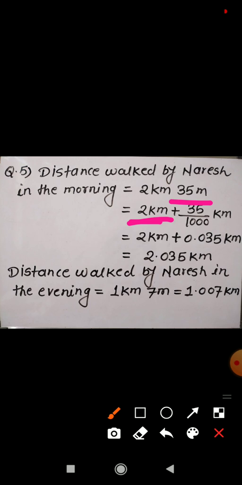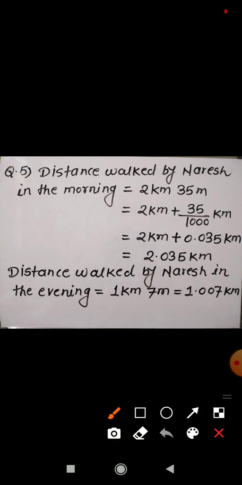And how will you express 35 meter as a kilometer? You need to divide it by 1000, right? So it will be 35 by 1000 kilometer. And 35 by 1000 means 0.035 kilometer, right? Now 2 kilometer plus 0.035 kilometer will be 2.035 kilometer.